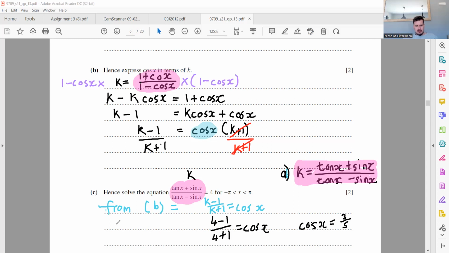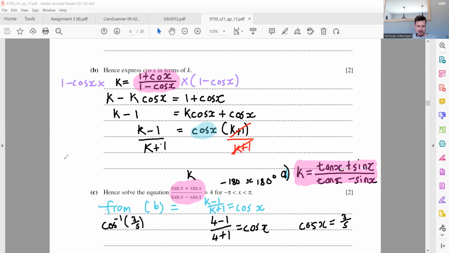And then it's just a simple matter of putting it in your calculator. So you're going to say cos^-1 of 3/5. Now, because they've given it in pi, we need to do this in radians. If we were doing it in degrees, it would be -180 to 180, but of course, we're not. We're doing it in radians, so make sure your calculator is in radians.